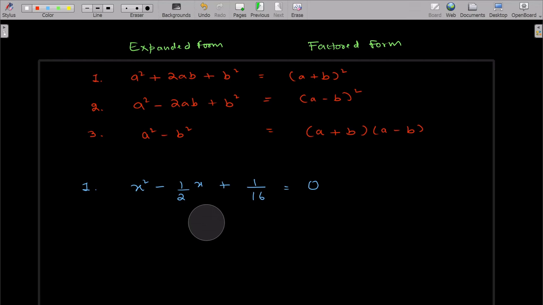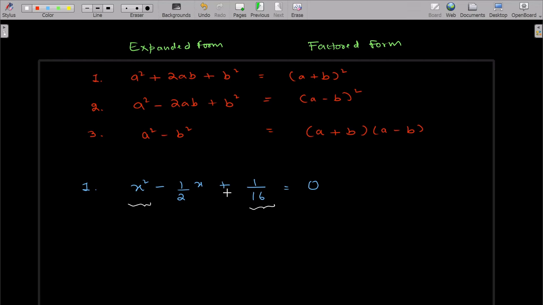So once you have identified the identity, the next step is to find out the values of a and b. To find a and b, you will look at the first term and the last term. So can you tell me what is a and what is b? A is 1 and B is negative 1/2.